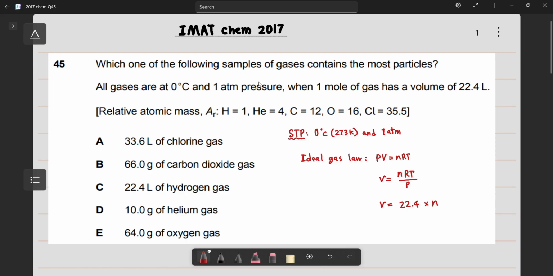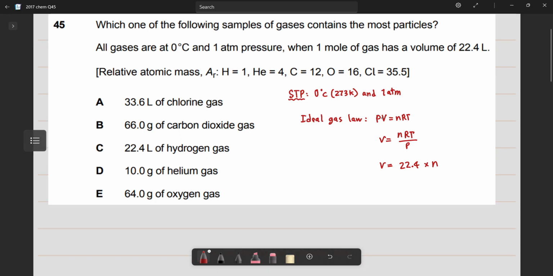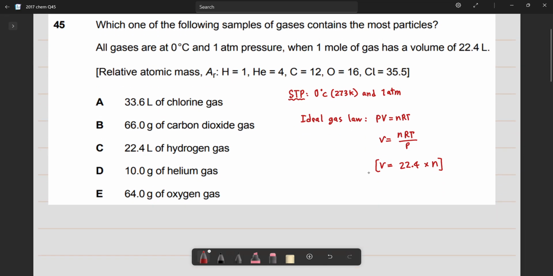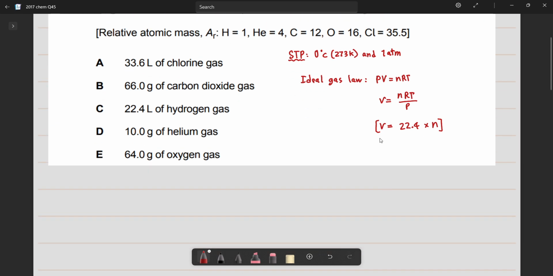This is the general formula we must know as a shortcut, so we don't need to substitute each value, including R, the temperature, and pressure. Since the IMAT is generally very time limited, we must use a shortcut. So the main formula we're going to use is volume equals 22.4 times the moles.